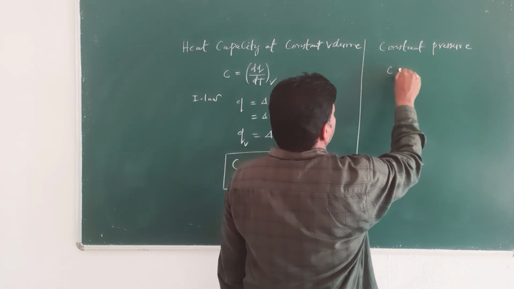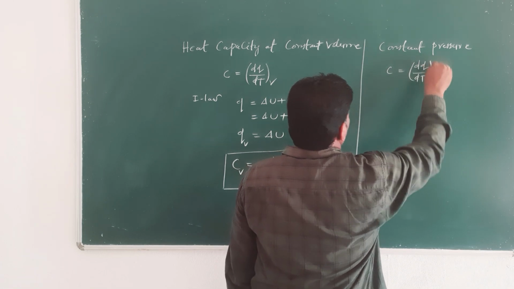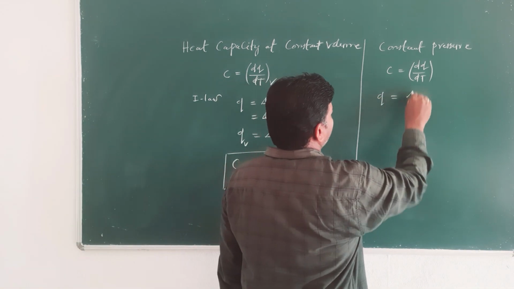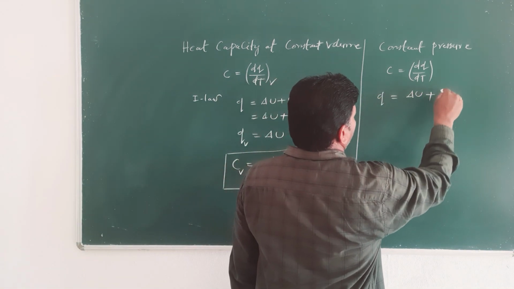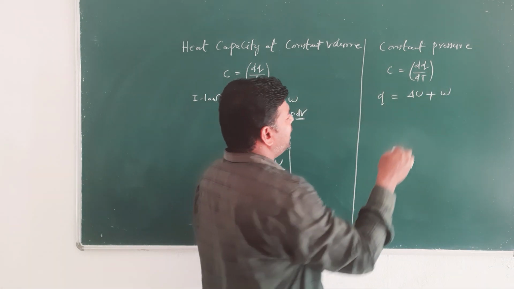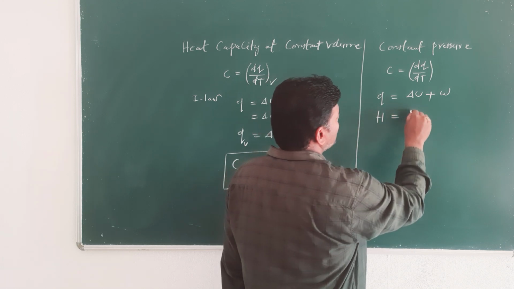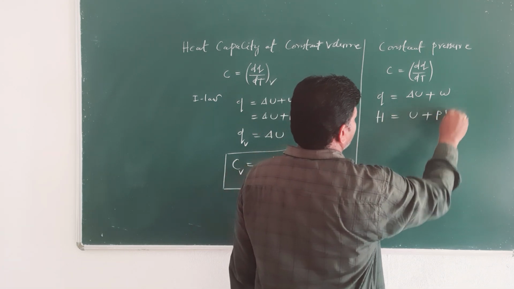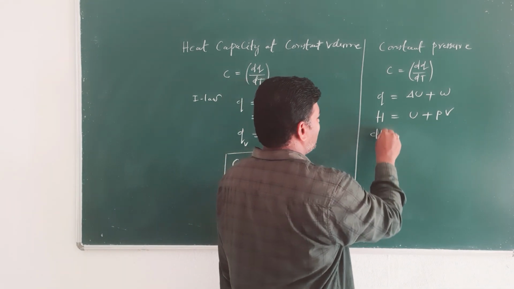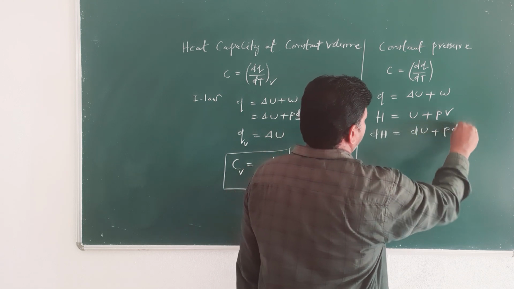So we know that C is equal to dQ by dT, and we know that Q is equal to delta U plus W. We know that H is equal to U plus PV, and dH is equal to dU plus PdV.